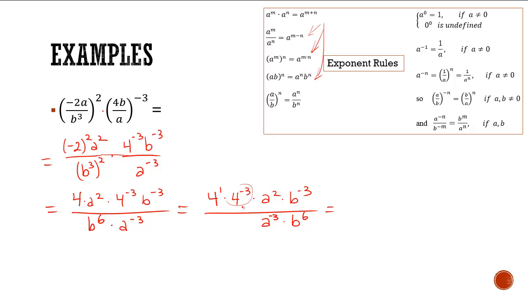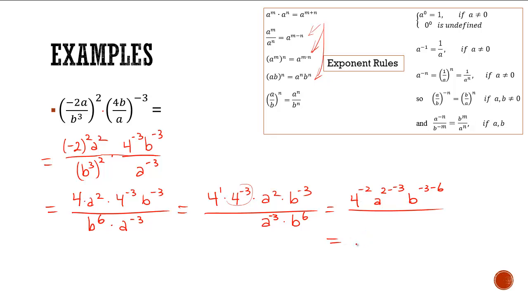Sometimes you could just take this and bring it down to the denominator as a 4 to the 3. In this case, though, you'll notice this is 4 to the 1 times 4 to the negative 3. You could use the product rule there. 1 minus 3 is negative 2. And then you've got a to the 2 minus negative 3 and b to the negative 3 minus 6.